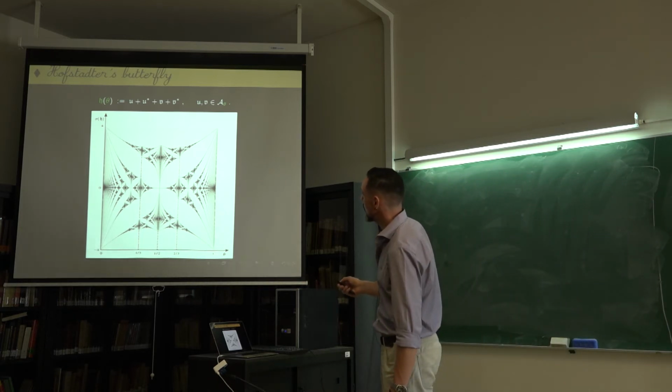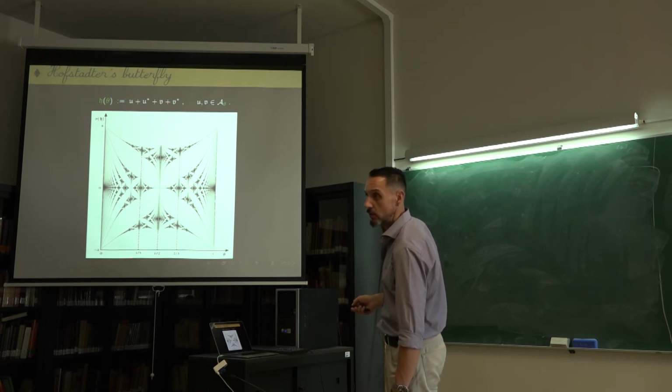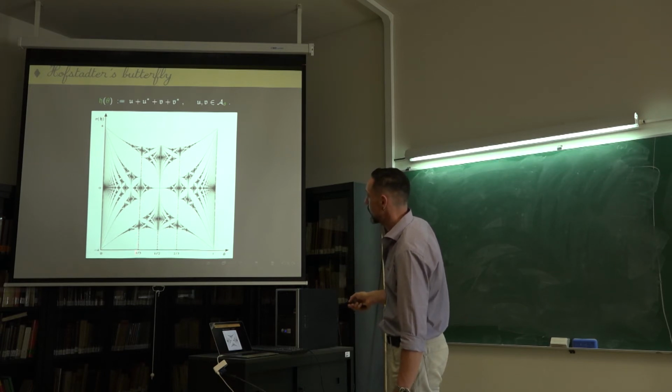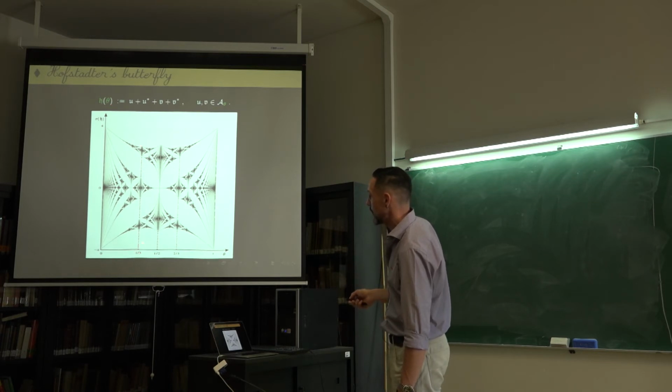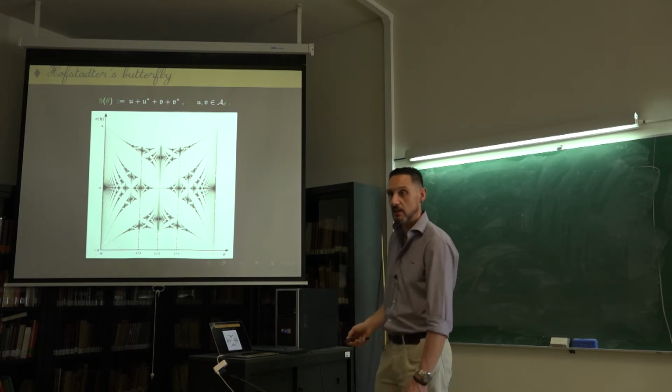How do I have to read this picture? I fix a value of theta, for instance, in this case 1 over 3, and the spectrum is here on the vertical part. For instance, the spectrum of h theta for the value theta 1 over 3 is made by these 3 bands. At 1/2, the spectrum is just one central band, but it's morally given by 2 bands which touch in the center.